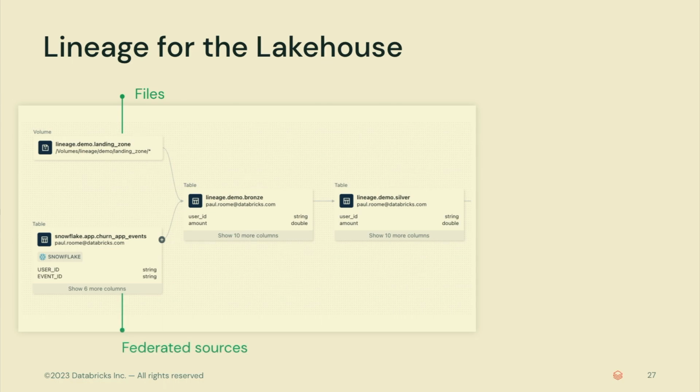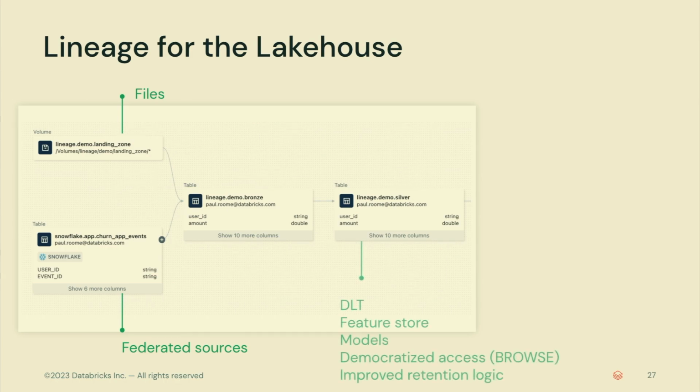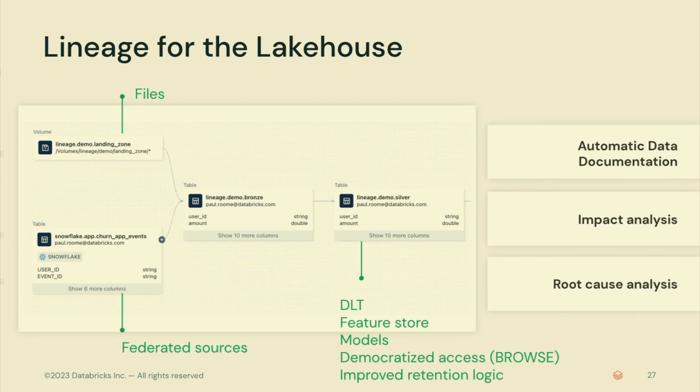And then secondly, you'll see the snowflake icon on there. This is me joining those files with a federated source, which is Snowflake. And then we've added a bunch more compatibility for things like DLT, using feature stores, and a whole host of other stuff. And we've seen some really interesting customer use cases on this front. So the big three would be automatic data documentation.